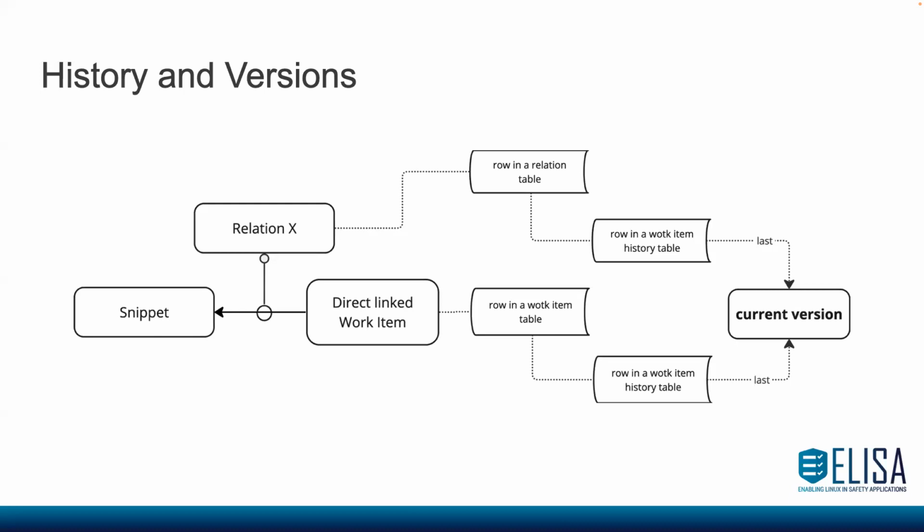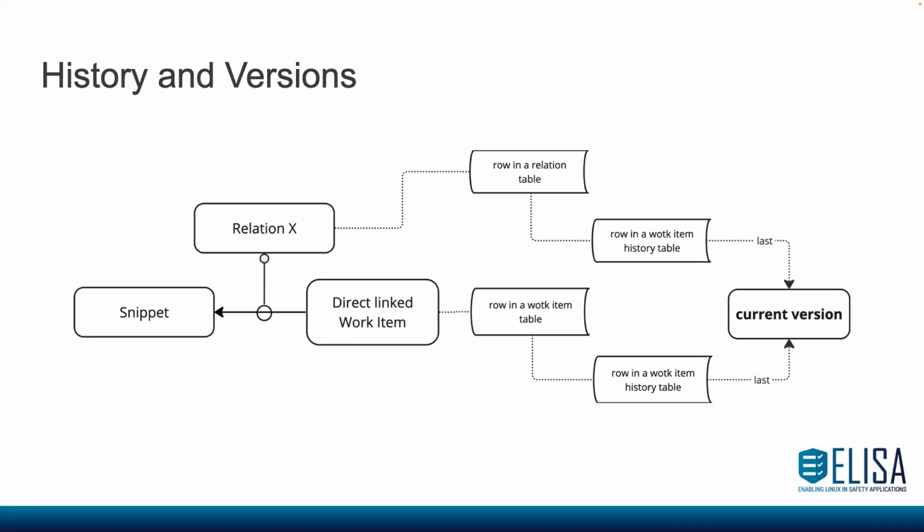With that in mind, it is clear that a version of a software requirement mapping a snippet of the software specification will be the combination of the version of the software requirement and the version of the relationship. The same logic can be applied to other work items. So to be able to track the history, for each table that we have in the database, we defined a history table, an additional table.